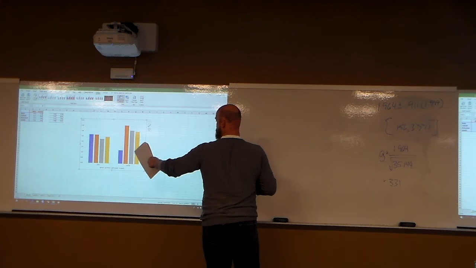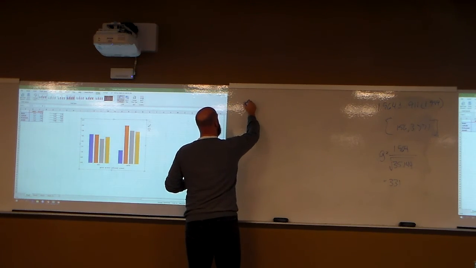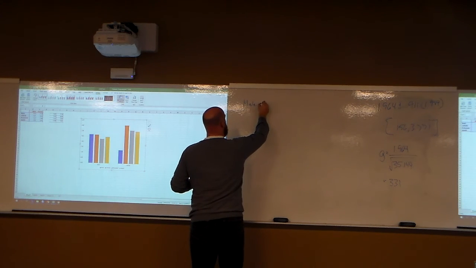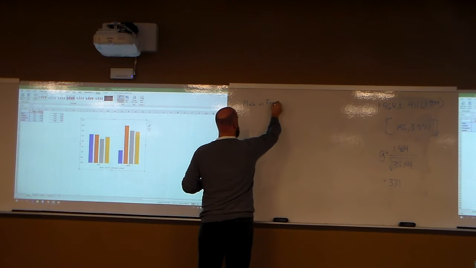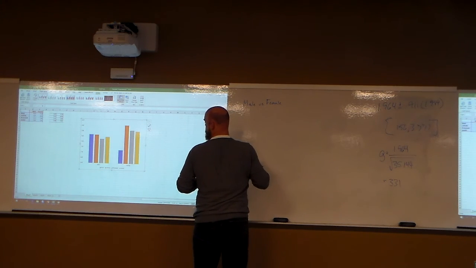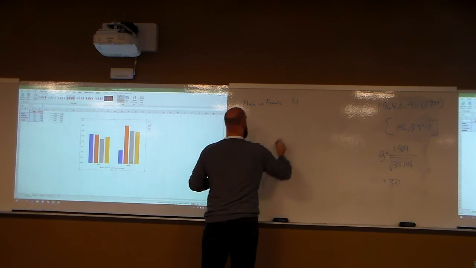Let me see. We've got male versus female, or how many different religious affiliations? 4. So there's 4, right?